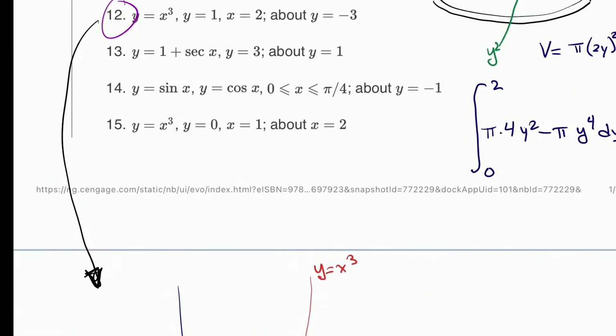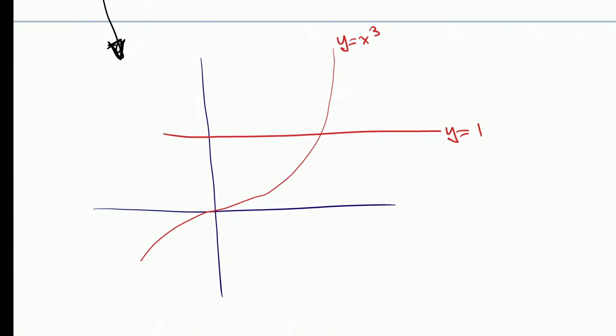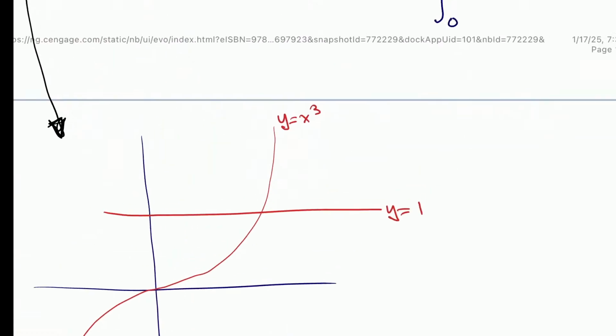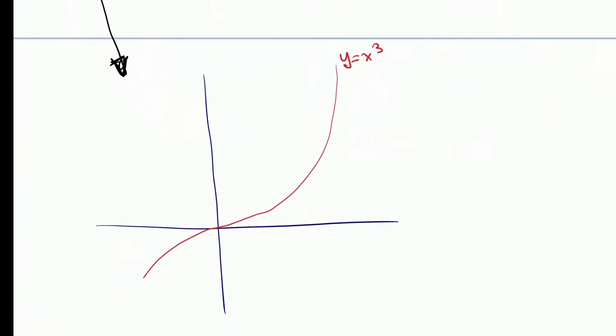X equals 2. Huh. Okay. I guess I didn't think ahead. Give me a sec. I'm going to redraw. Sorry. I didn't realize that's where we were going with this. So should have looked ahead.